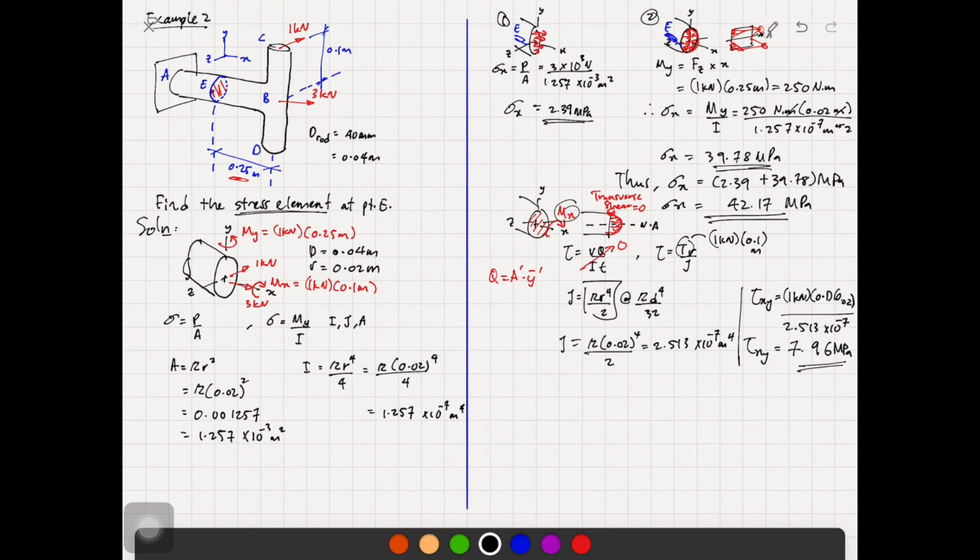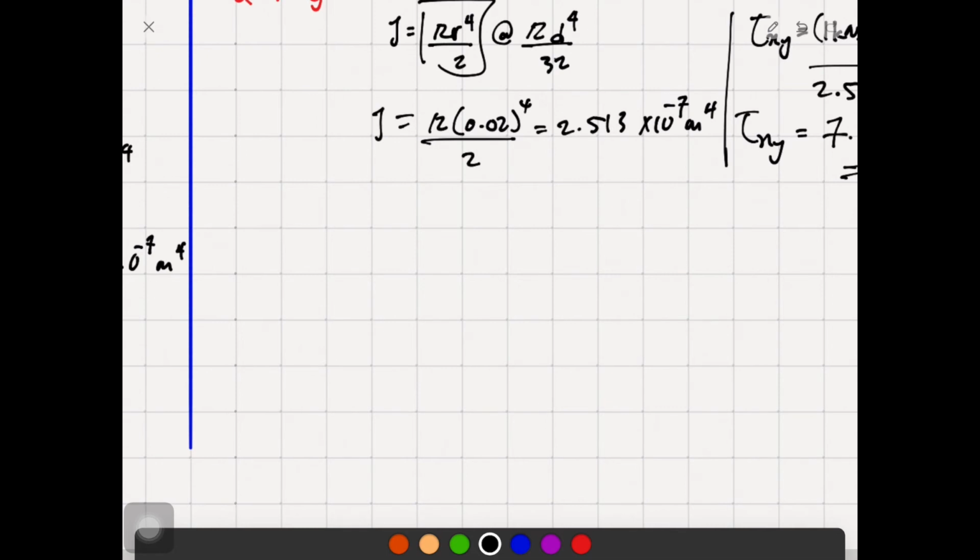having a rod, the Q is going to be 0 according to the definition of Q, the first moment of area. We haven't done the last part yet, but not least, you need to come up with this box, our stress element.